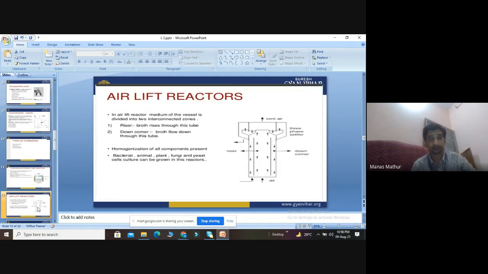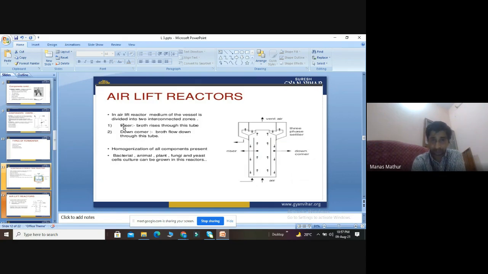Then we discuss airlift reactors. In an airlift reactor, the medium of the vessel is divided into two interconnected zones.